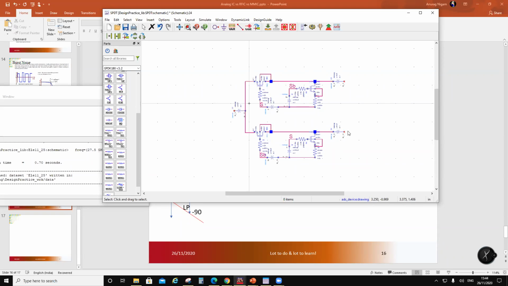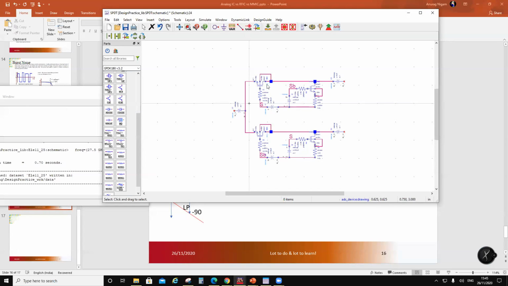So whatever device is here sees a 50 ohm termination, and this acts like an open circuit. So one pass element is on and the shunt element is off; this is a through path. In this case, the pass element is off, but the shunt element is on, which means this terminal is terminated into 50 ohm. So this is very simple.